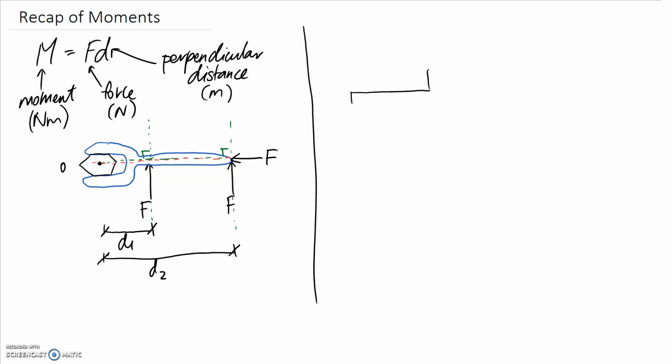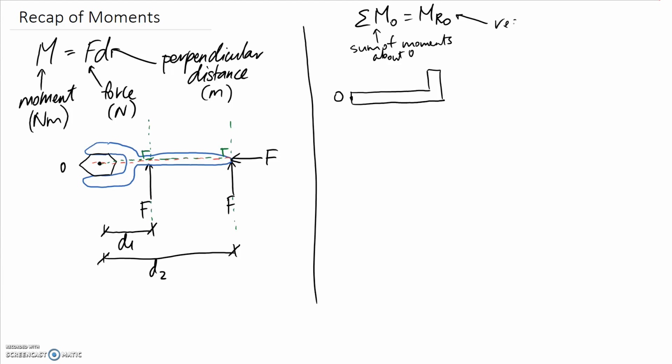What we can do is calculate the resultant about any point, let's call it O, using the equation that the sum of the moments about that point O is equal to the resultant about point O. So this is the sum of moments about O, and this one here is your resultant moment.